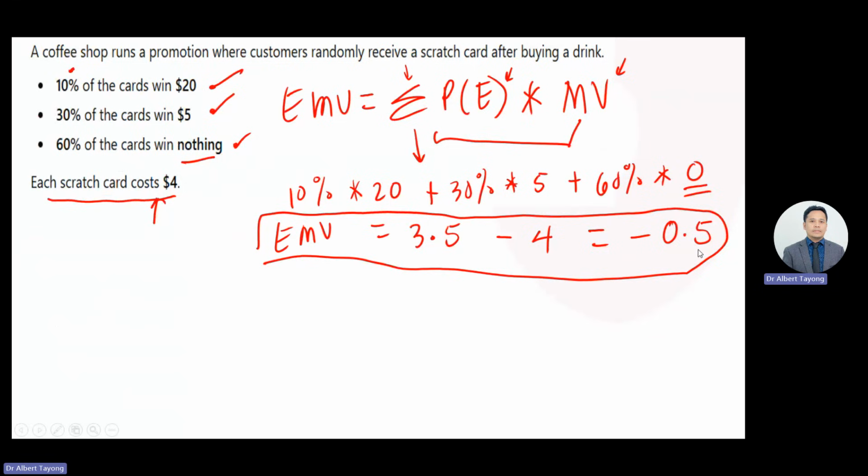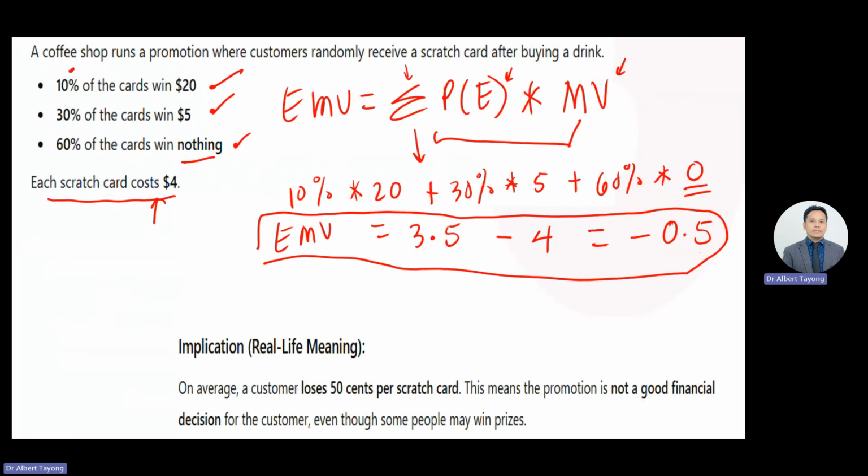So as you can see, our expected monetary value is negative. So on average, a customer loses 50 cents per scratch card. This means the promotion is not a good financial decision for the customer, even though some people may win prizes.